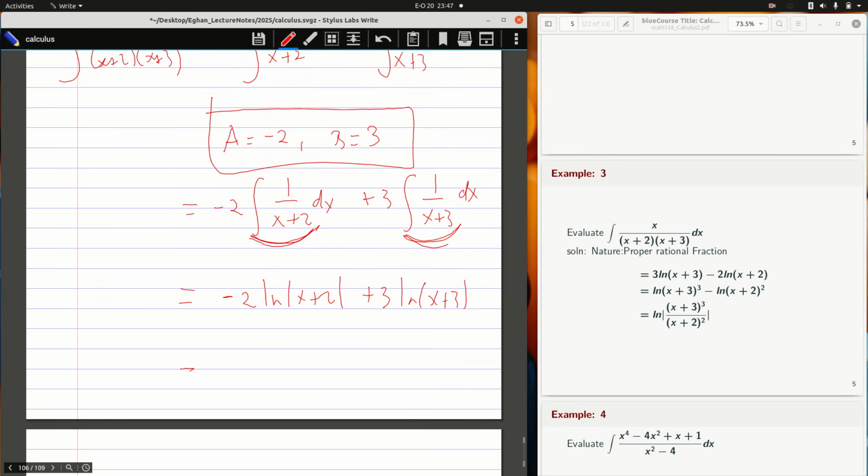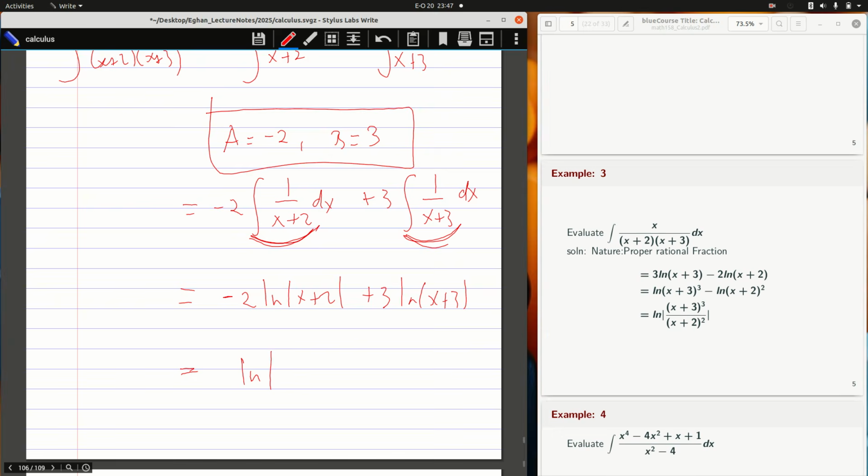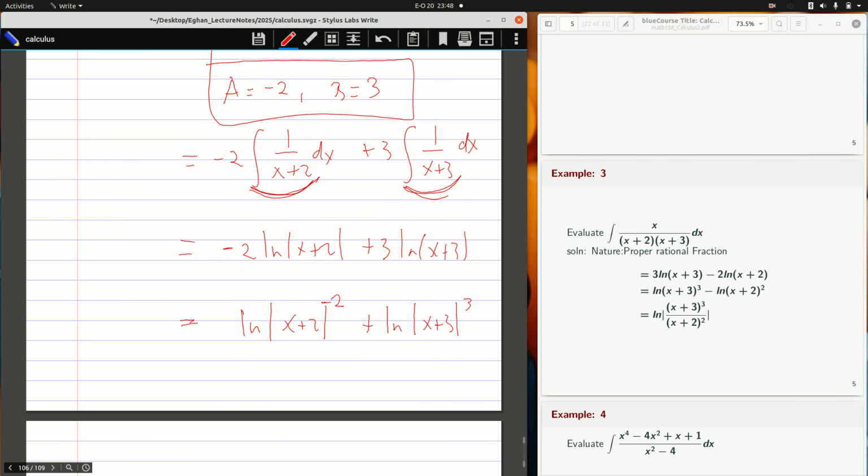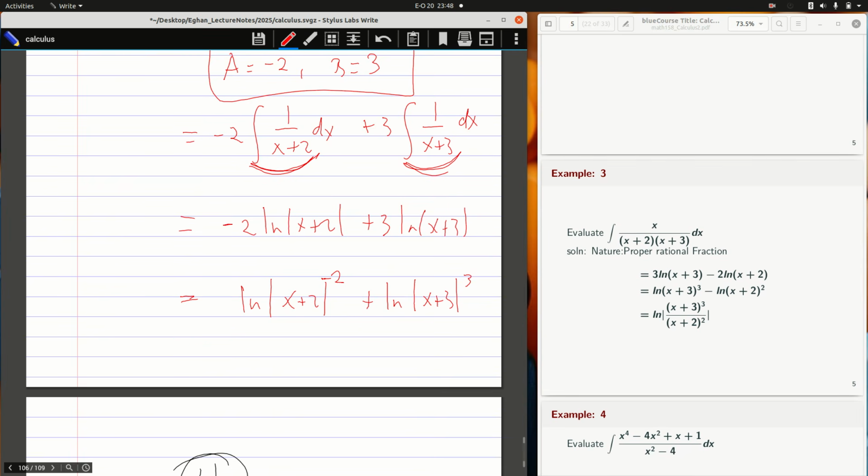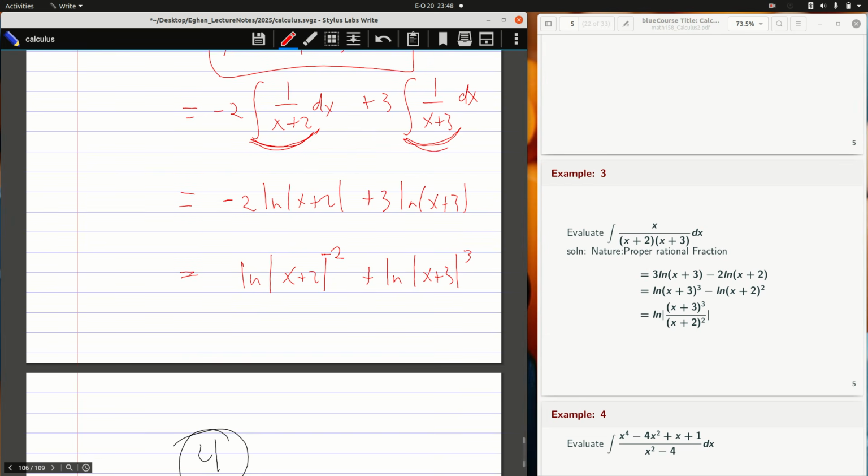I could have it as, by indices, ln of x plus 2 to the power -2, because there's the negative here, and this is the same as having ln of x plus 3 to the power 3. Okay, and you can simplify further if you want to, else you leave your answer just as you see it there. Okay, so enough of the proper functions.